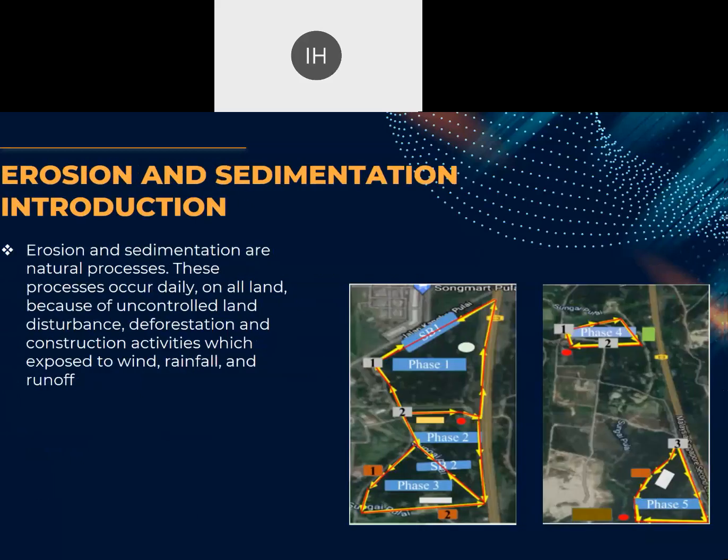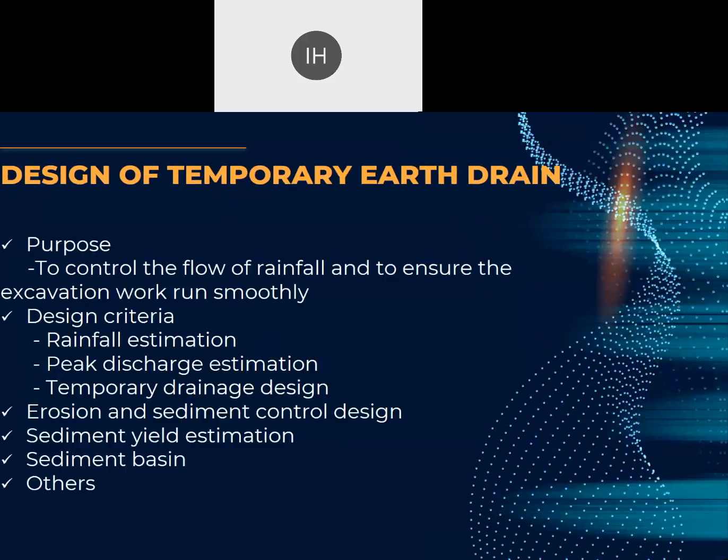Next, erosion and sedimentation. Erosion and sedimentation are natural processes. This process occurs daily on all land because of uncontrolled land disturbance, deforestation, and construction activity which expose the land to wind, rainfall, and runoff.